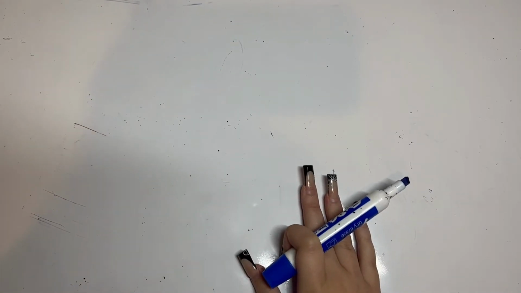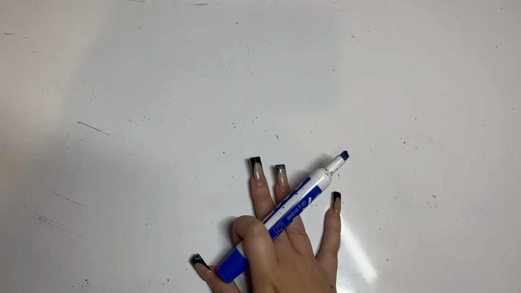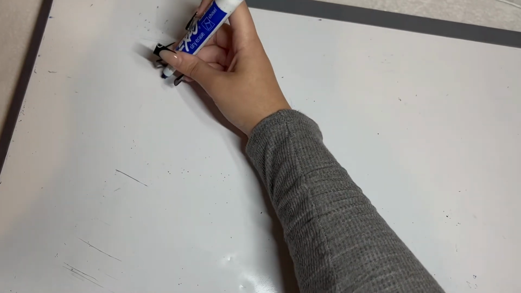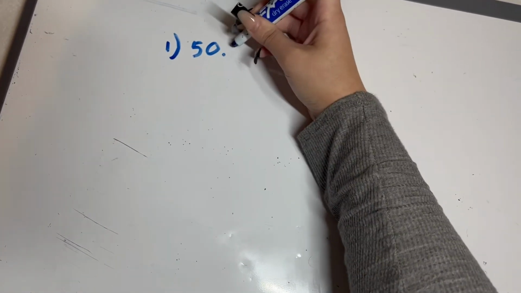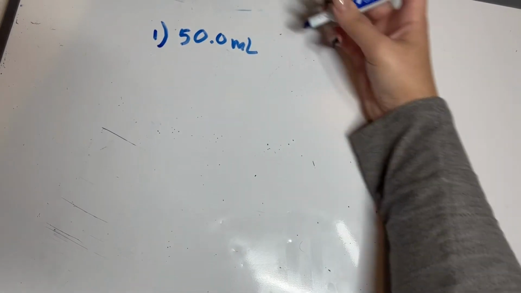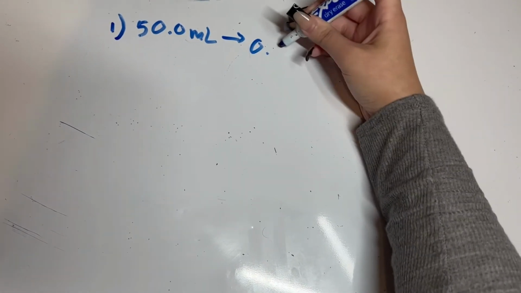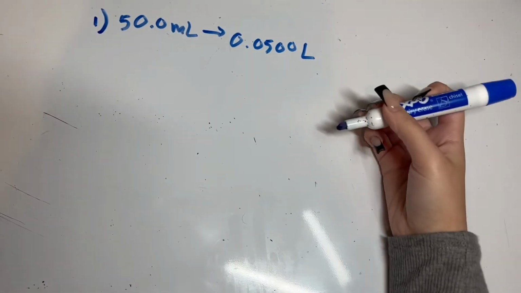Now I'm going to do the solution calculations. So for the first part, it says 50.0 ml of 2.30 times 10 to the negative second power M solution of your drug. So we are going to do number 1 first. This should convert to 0.0500 liters.